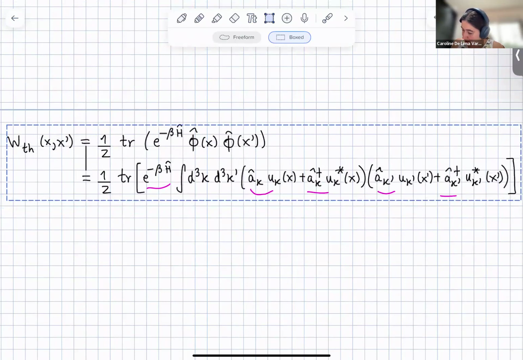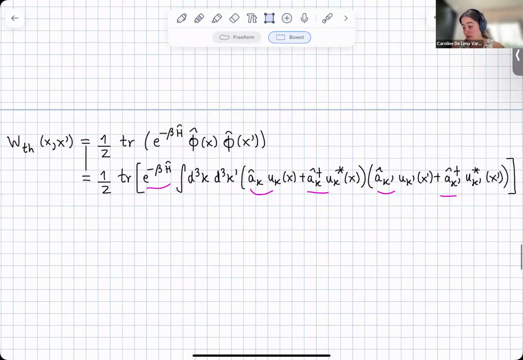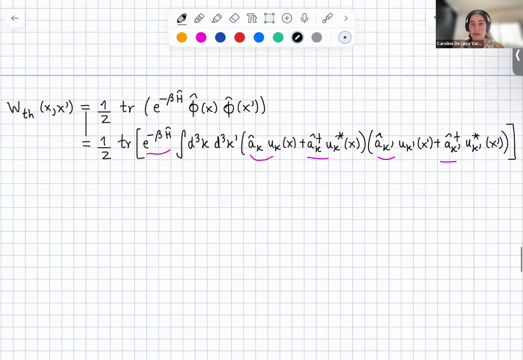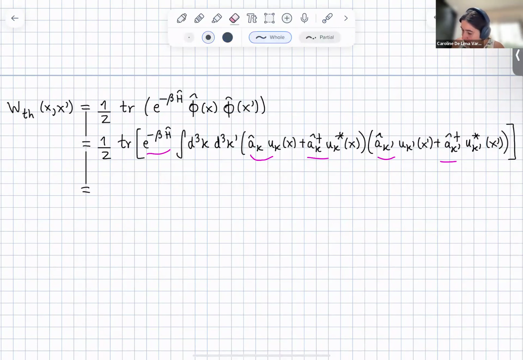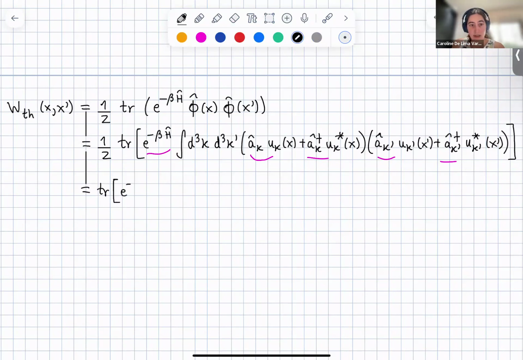So let's say, this is the definition of the thermal Wightman, right? And okay, let's just plug in the terms that we saw that are not going to vanish, right? So this is going to be, let's say, maybe I'll write the 1 over Z inside actually. So I'm going to write trace of e to the minus beta H.